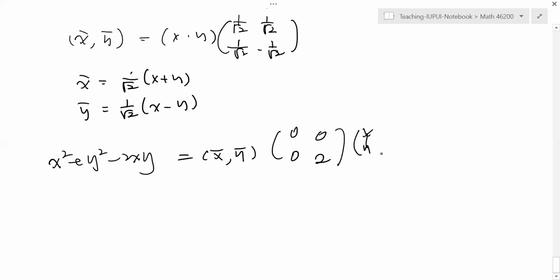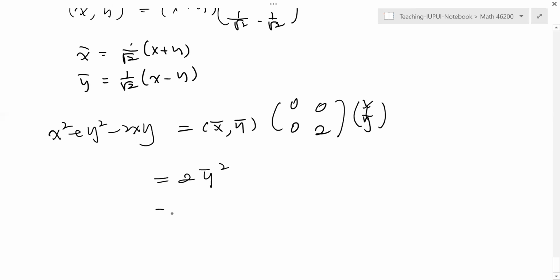X bar, y bar. So that is going to be just 2y bar squared. And that is true, right? So 2y bar squared, as you can see. And that is just x minus y squared. It's the same. You can get this quickly, but that's computation.